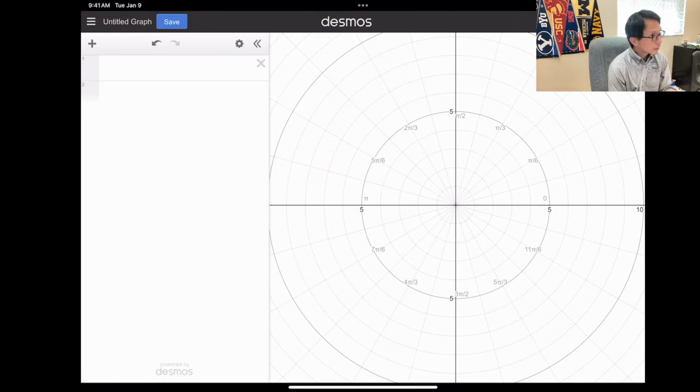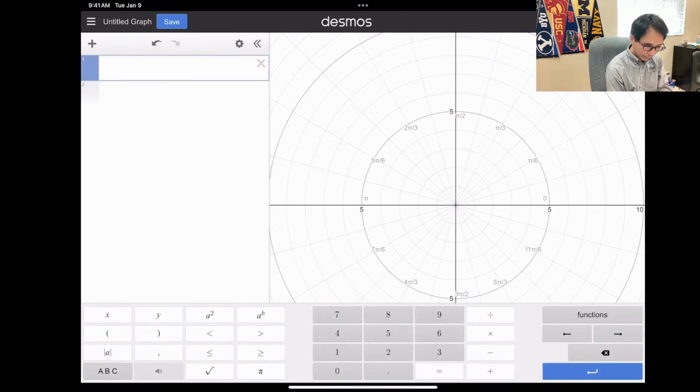Is there a difference between those two? Where's your TI-84? I'm finding it. Oh, that's replaced for theta. I have it. How did you make a big circle?